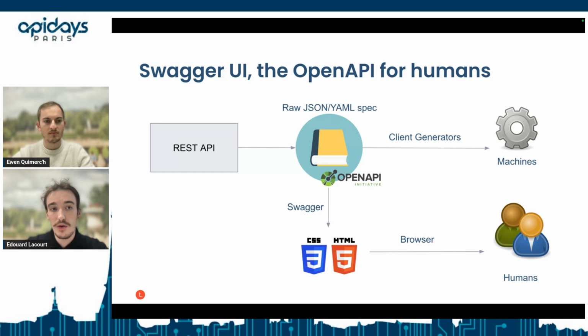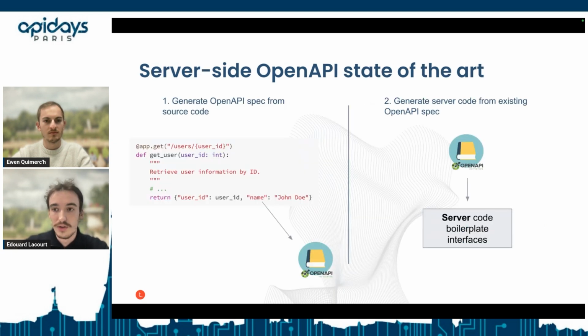But how about the REST API part of the schema? How do you make the REST API deal with the OpenAPI description? While developing the framework, we found two approaches. The first one is to generate the OpenAPI spec from the source code.